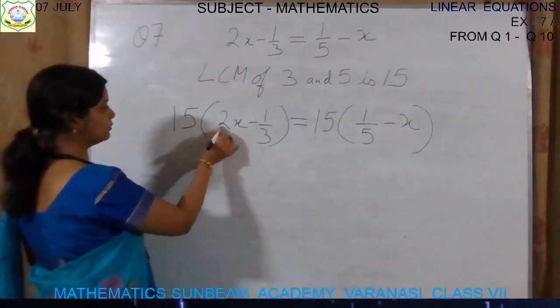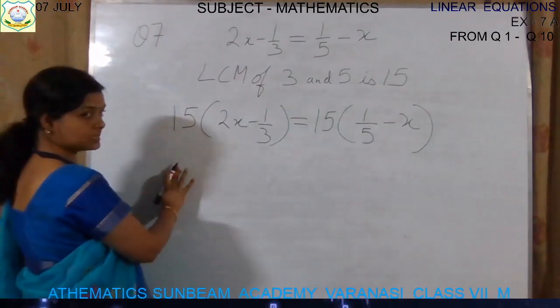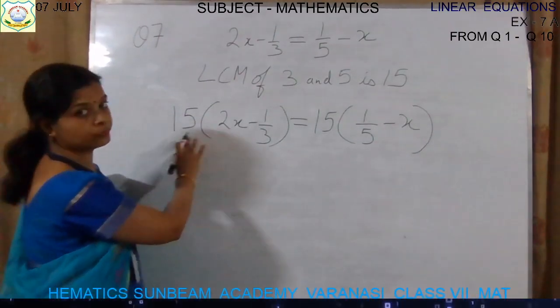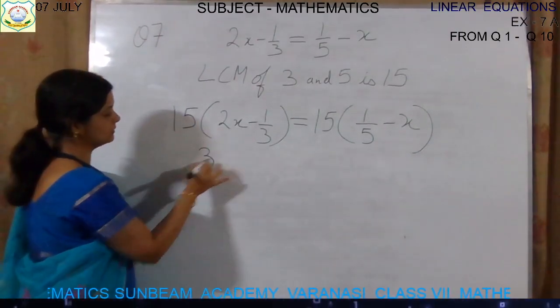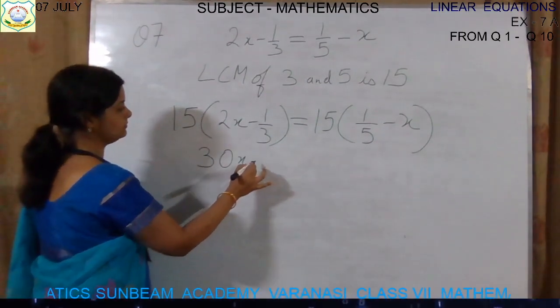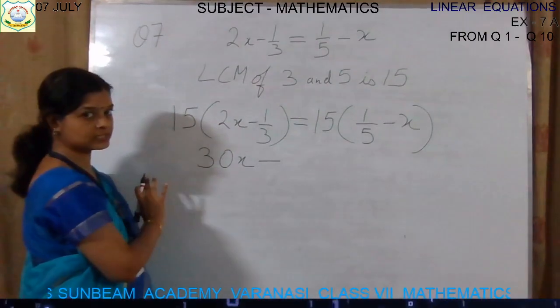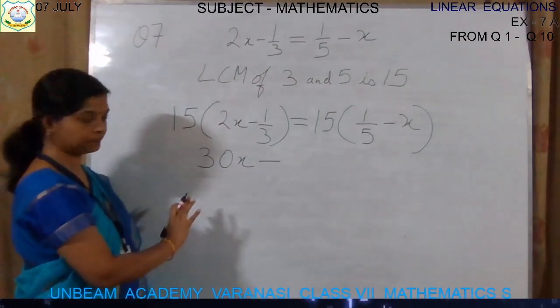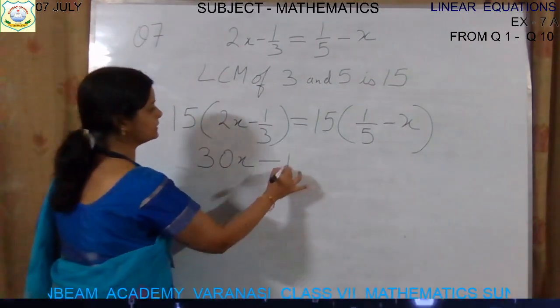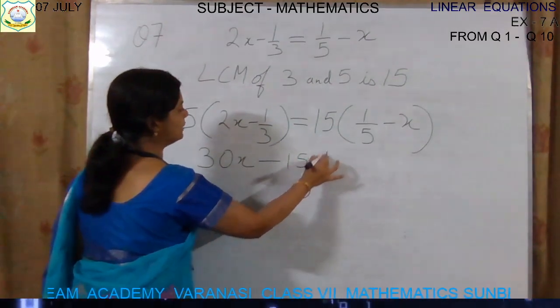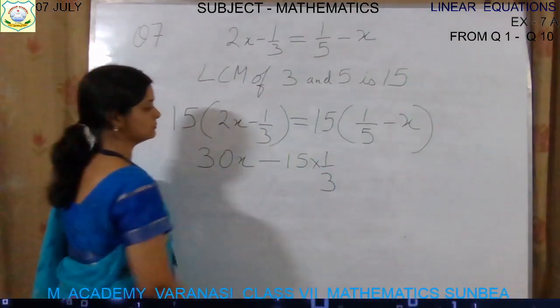So 15 into 2, 30x. Minus, why minus? Different signs, so minus will come. 15 into 1/3.